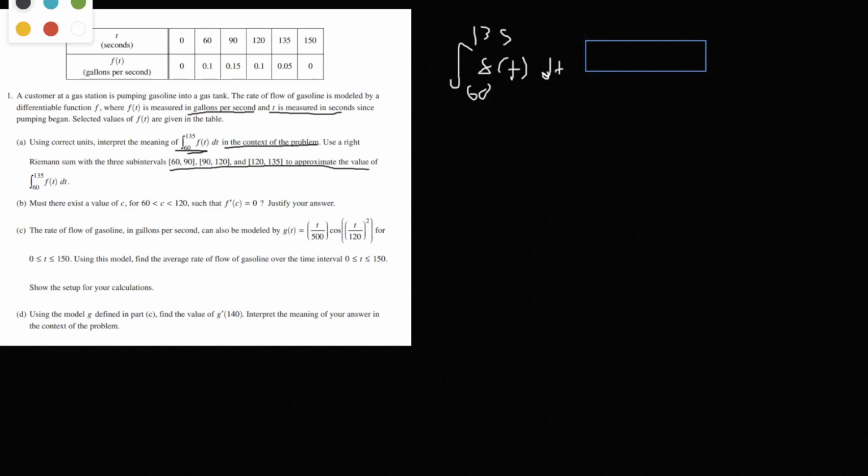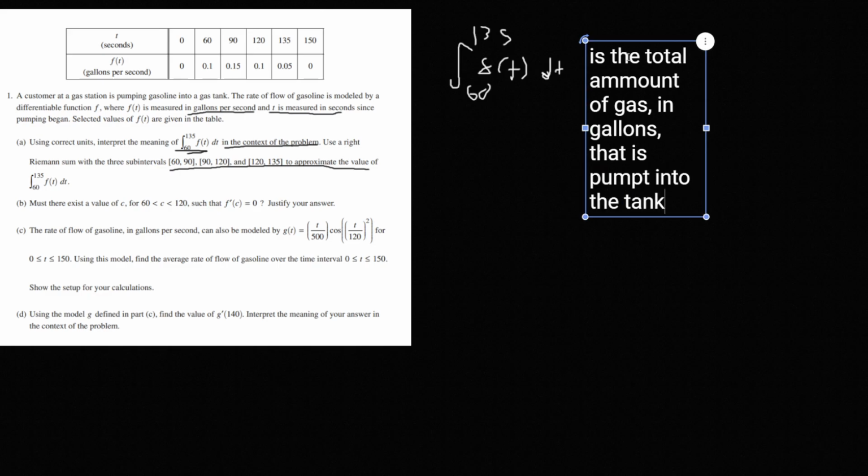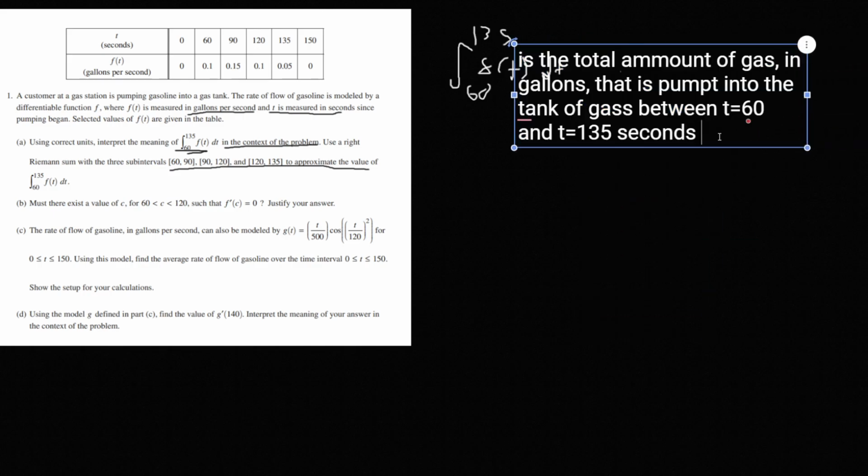So this is adding up the rates of gallons per second. And so when you integrate a rate, you get a total. So this is the total amount of gas, in gallons, because we're going to try to be as specific as possible, that is pumped into the tank between t equals 60 and t equals 135 seconds.